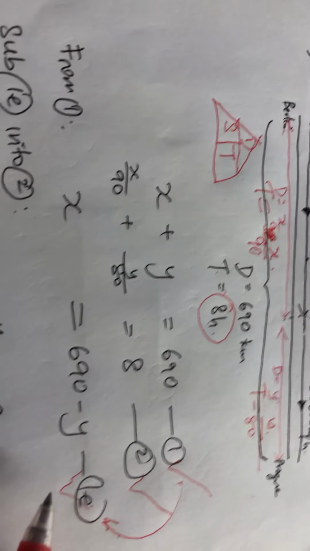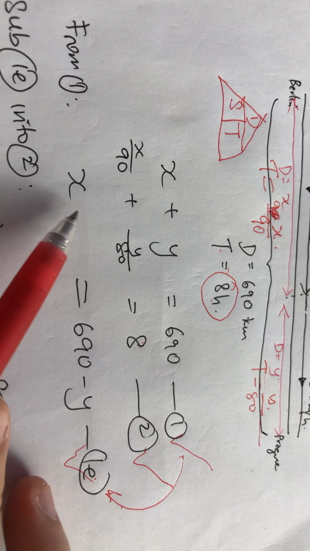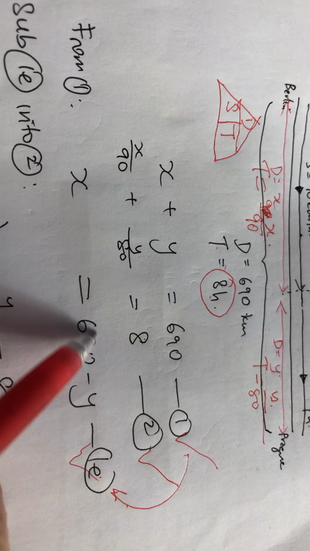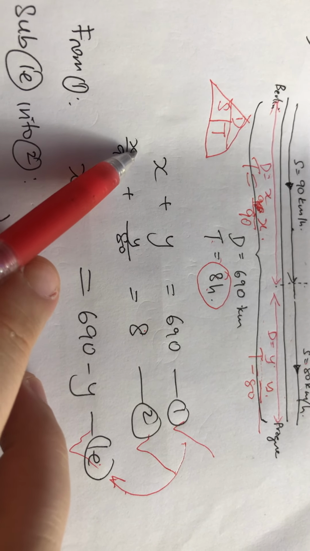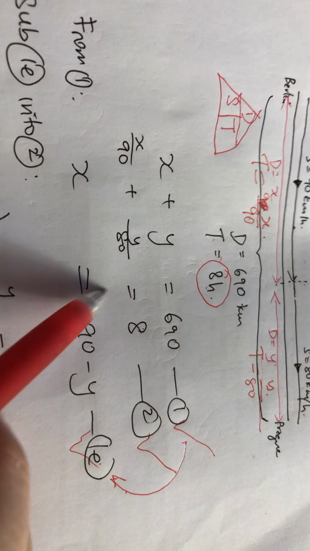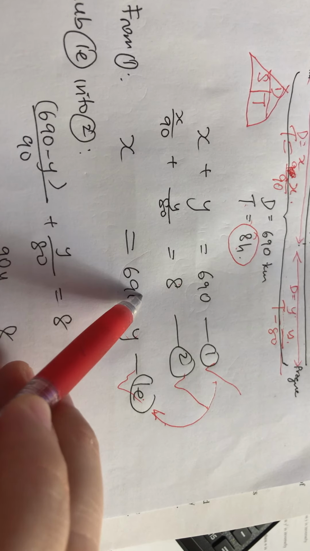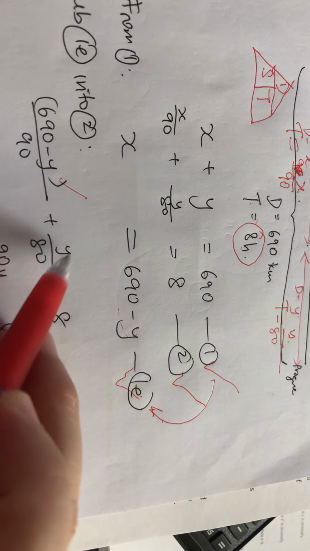Now what do I do after this? The substitution method tells me that I need to substitute this into the other equation. Substitution means replacing this x with this whole thing here. So that's what I did here. This x, I replace it with 690 minus y, so that everything now is in y and I can solve this equation.